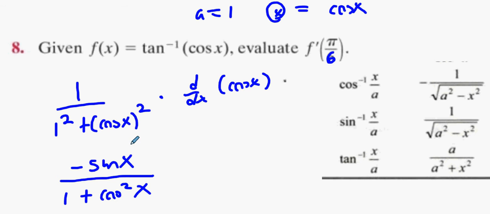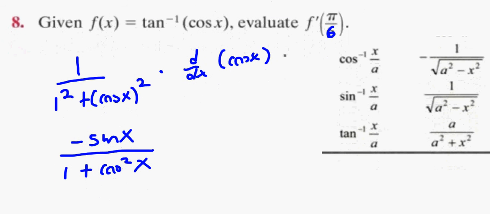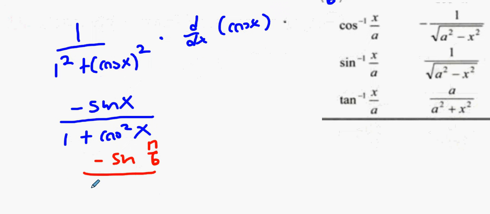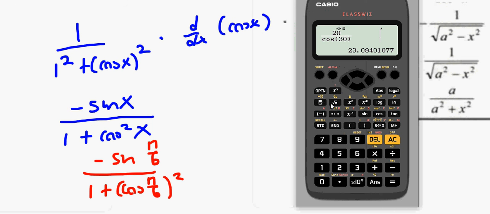Alright, what do you need to replace x with? Pi over 6. So minus sine pi over 6 over 1 plus cos pi over 6 squared. Because my calculator is in degrees, I'm going to use sine 30 instead.